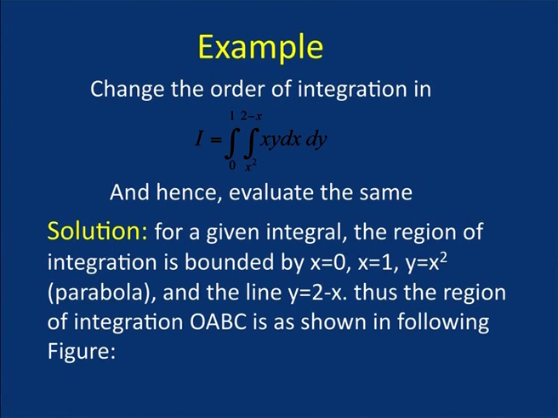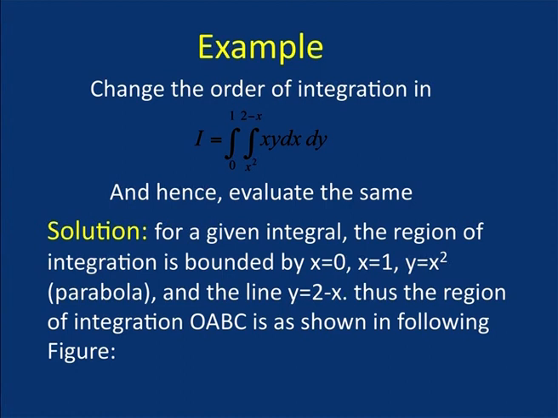For example, change the order of integration in the integral from 0 to 1 and from x² to 2 − x, where the integrand is xy dx dy, and evaluate the integral.